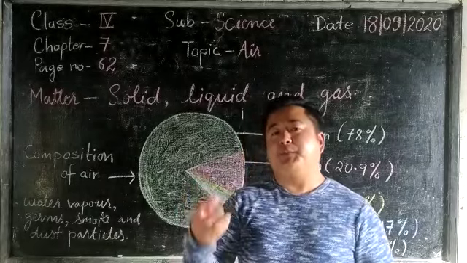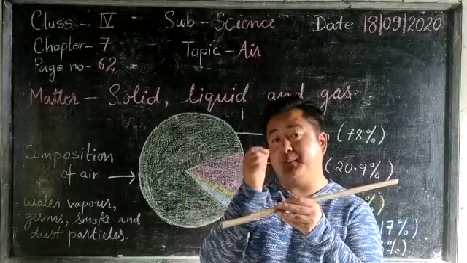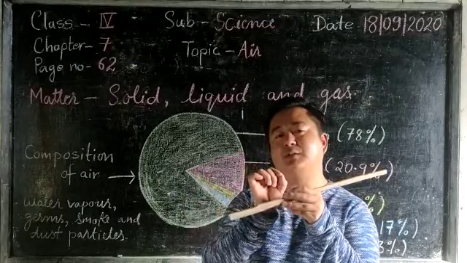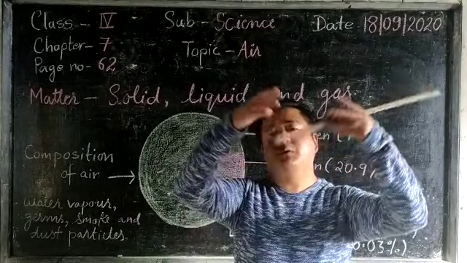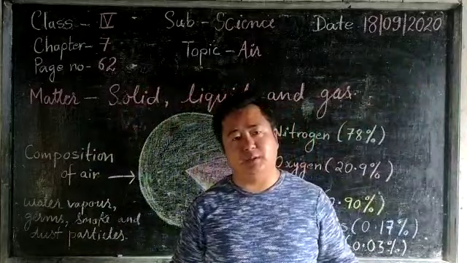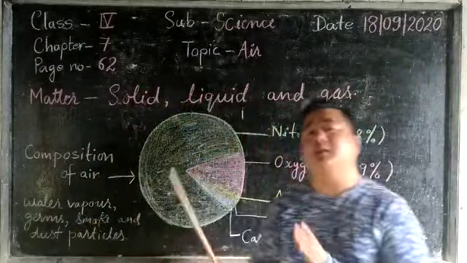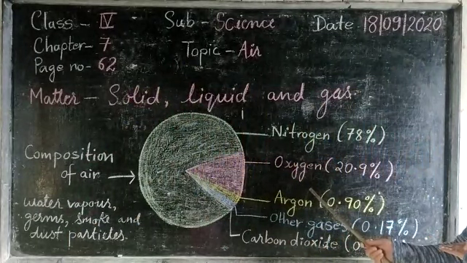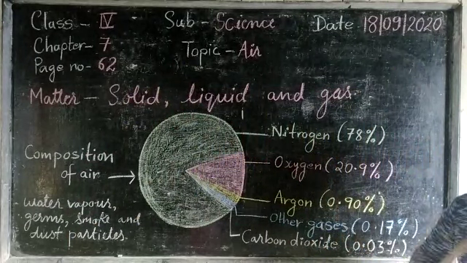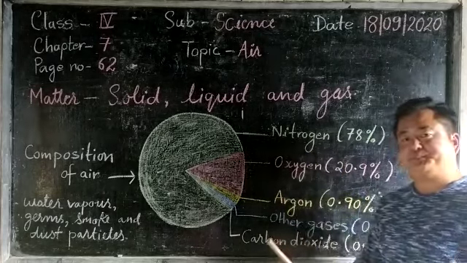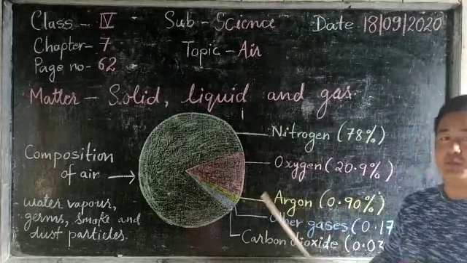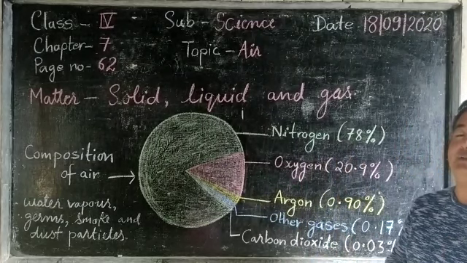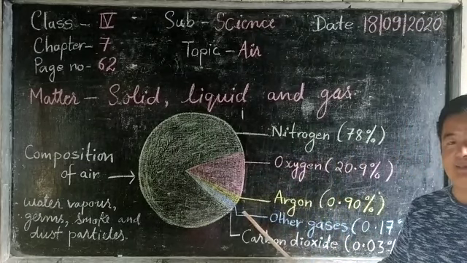That means if by mistake you light a matchstick, the whole of the universe would be burning. But luckily, oxygen is lesser in amount, lesser in percent. Nitrogen does not support combustion, while oxygen does support combustion. So it is our good luck that we don't have oxygen in higher percent.